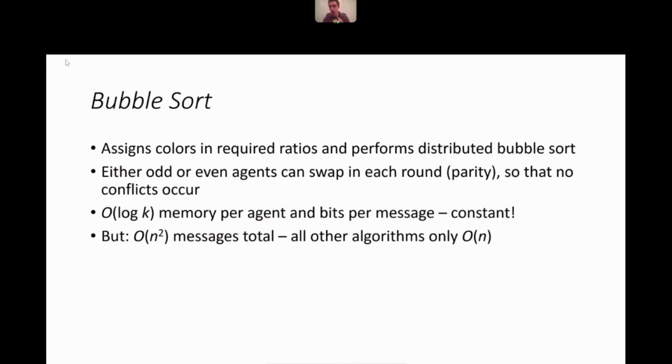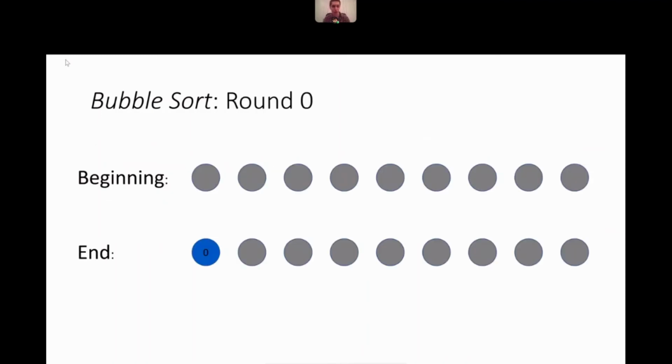Right. So this is a pretty standard implementation of bubble sort once we have the colors. Basically, in the first round, the starting agent is going to choose a color arbitrarily, and then at every round, each agent simply broadcasts its color to its neighbors.